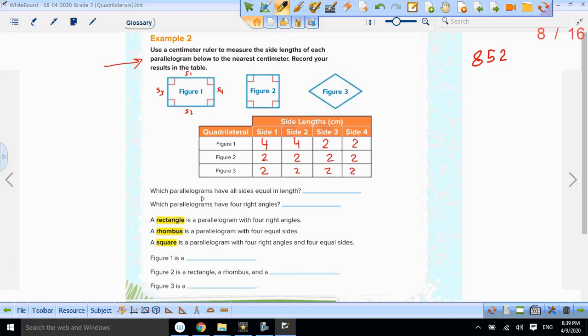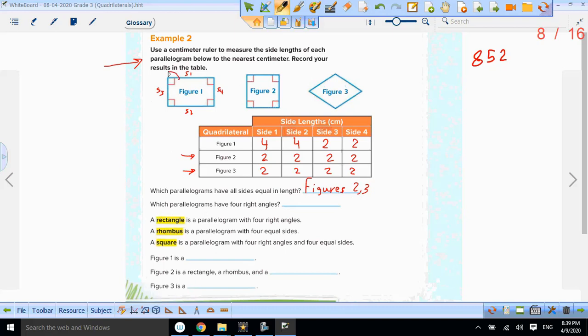So, which parallelograms have all sides equal in length? Yes, figures 2 and 3. Which parallelograms have 4 right angles?